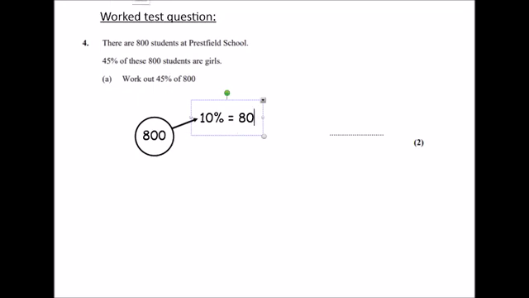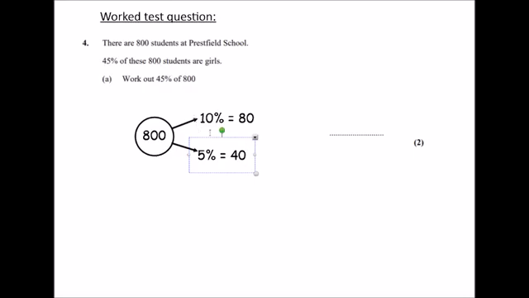Let's also work out 5%. So as said before, we know that 5% must be half of our 10% answer, because 5% is half of 10%. So half of 80 is 40. So looking at the percent that we are being asked for, we're being asked for 45%.